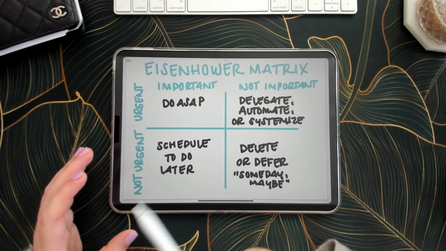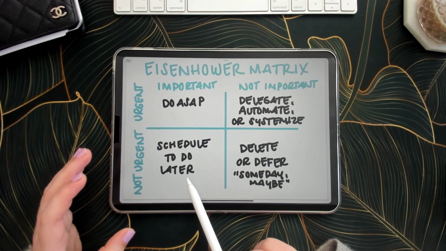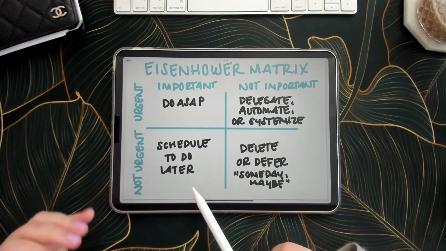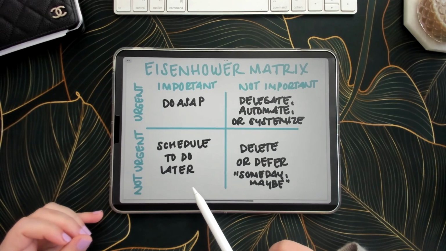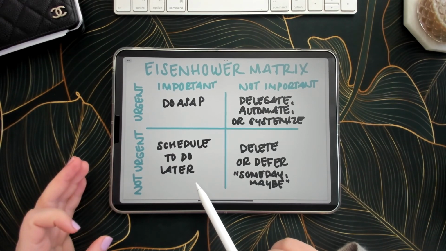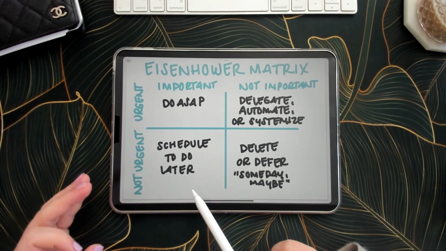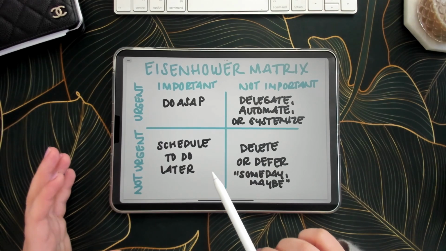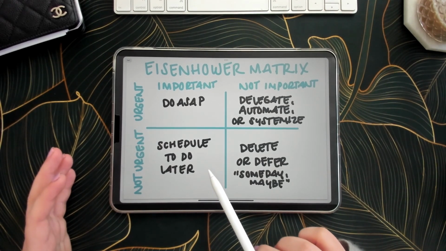Quadrant number 2 is important, but not urgent. So these tasks are significant for your long-term goals, but they may not be time sensitive. So what you're going to do is schedule dedicated time to work on these tasks, ensuring that they don't become urgent later. So the way that I recommend handling these tasks is, if these tasks do not already have a due date, I want you to actually give them a due date, right?